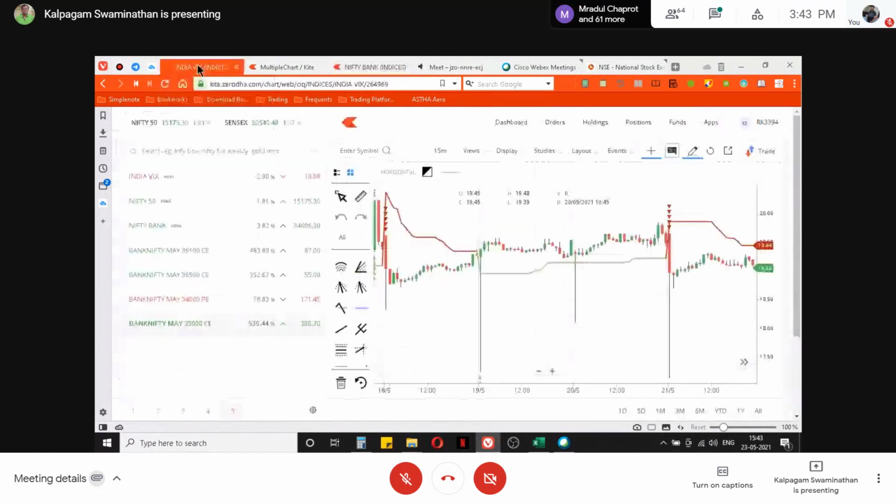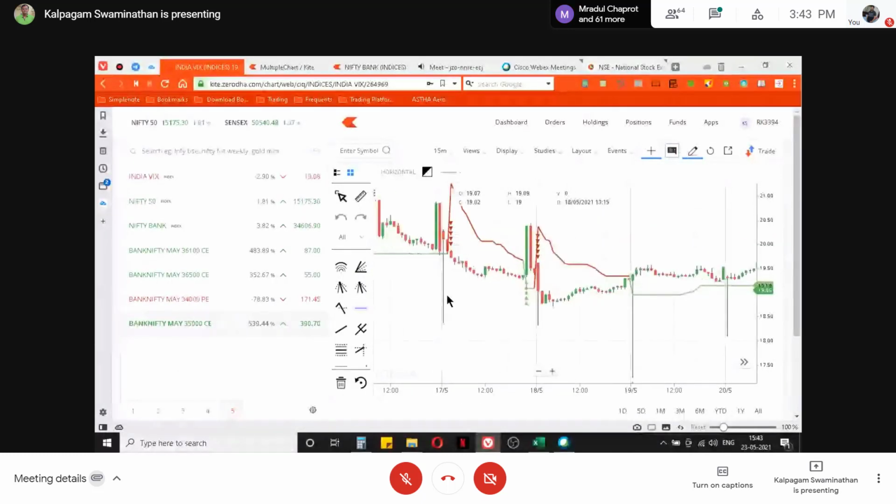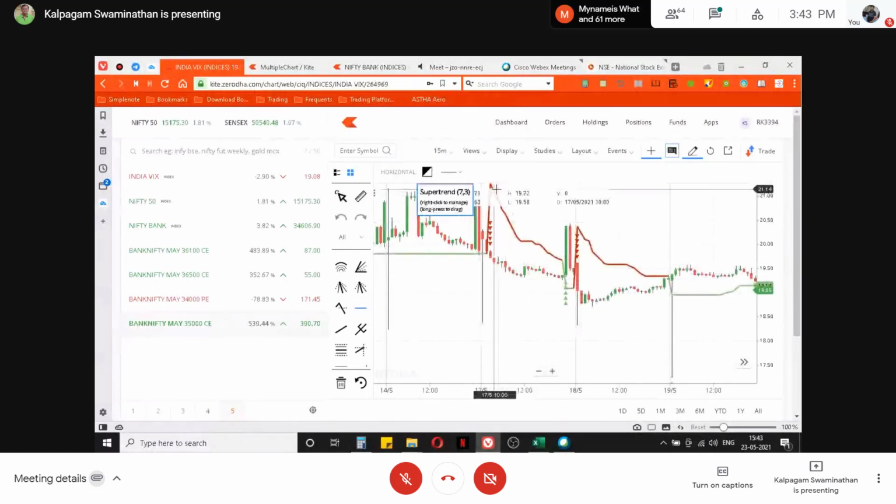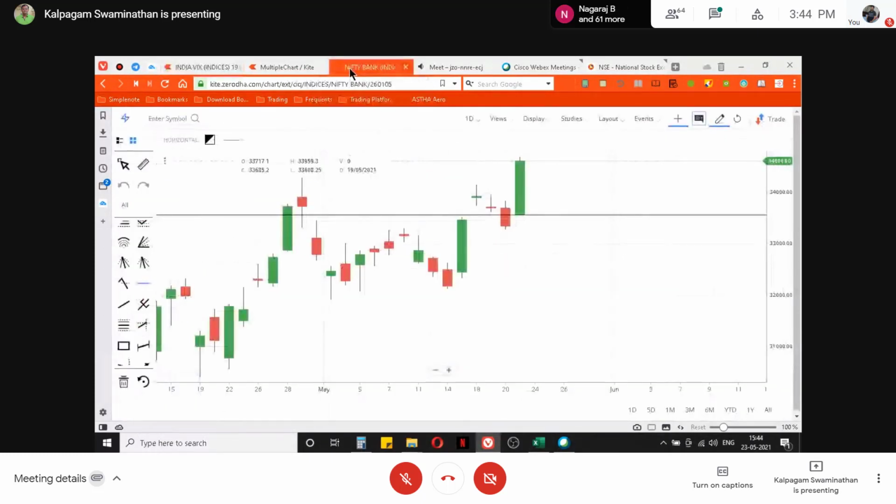Sell side. Now here you see again the VIX started falling. This is on 17.5. When VIX starts falling, the market goes up. The market did go up after the initial pushback to this wick level.